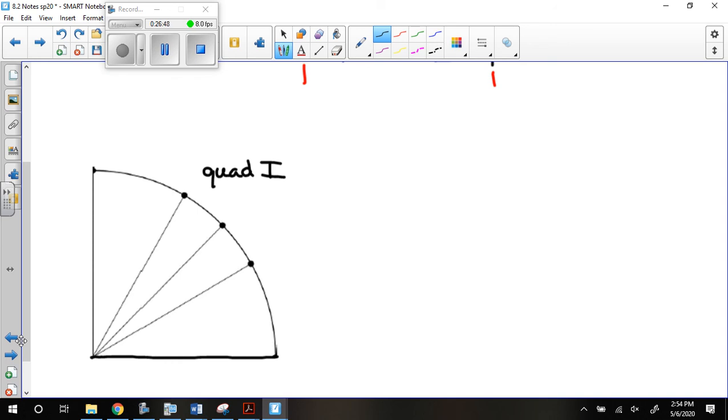First, a unit circle means your radius is 1 because it's a unit, like 1 unit. So if our radius is 1, then each of these lines drawn in quadrant 1 has to equal 1.